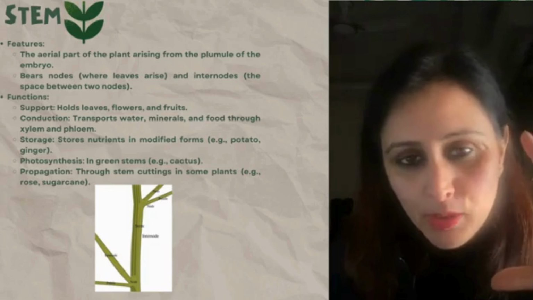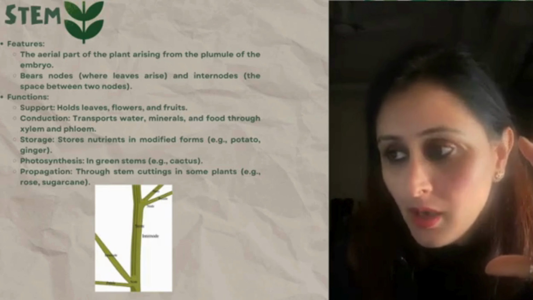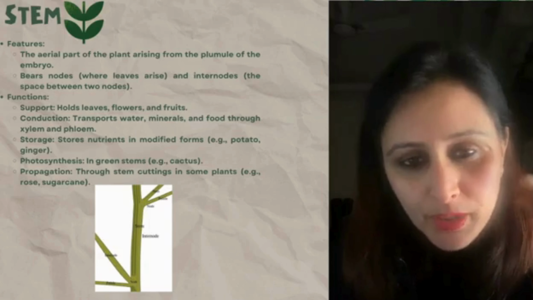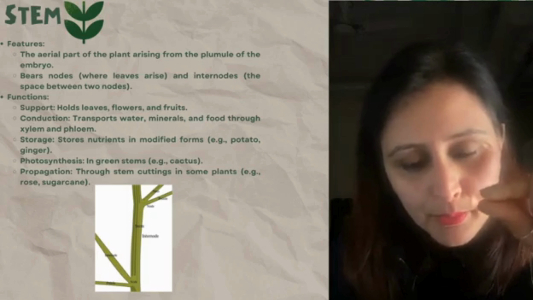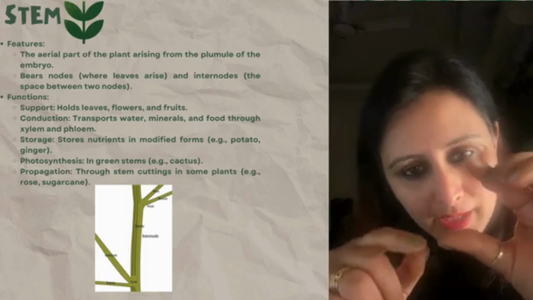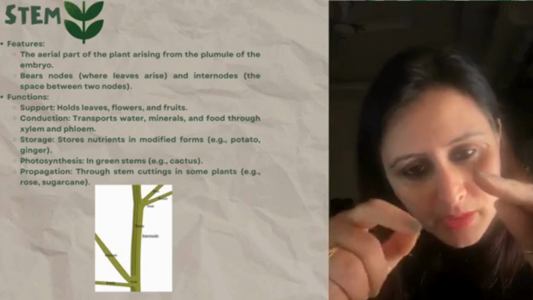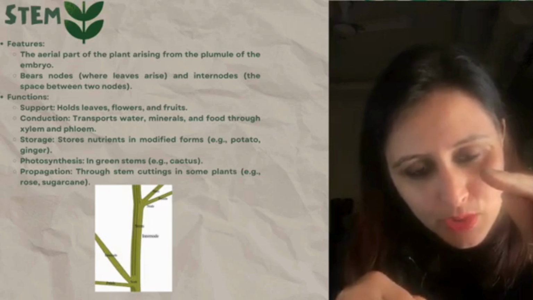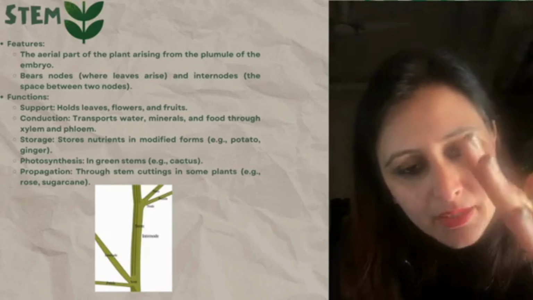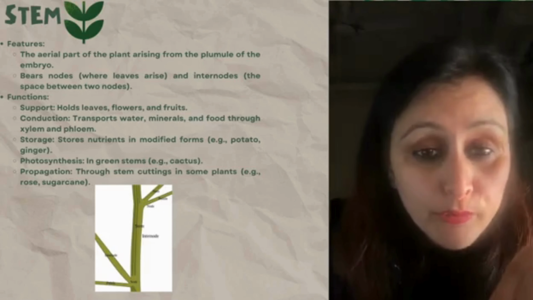The aerial part of the plant is rising from the plumule of the embryo. Plumule क्या होता है? जब embryo जब seed erupt करता है तो the upper portion, एक उसमें से पतला सा धागा ऊपर निकलता है, one small thread goes down, right? So the upper one is the plumule, and it is phototropic in nature.